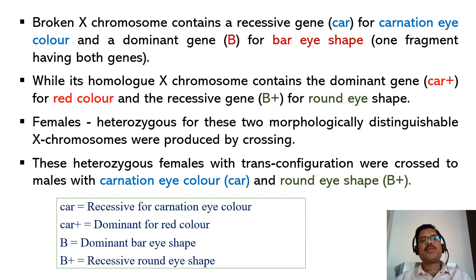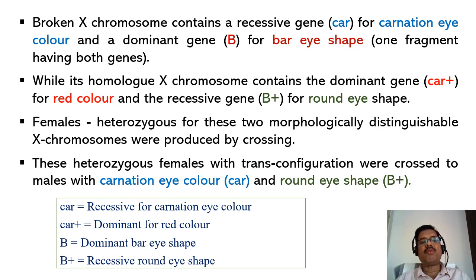The broken X chromosome contains a recessive gene car for carnation eye color and a dominant gene B for bar eye shape, both on one fragment. Its homologous X chromosome contains the dominant gene car plus for red eye color and the recessive gene B plus for round eye shape.